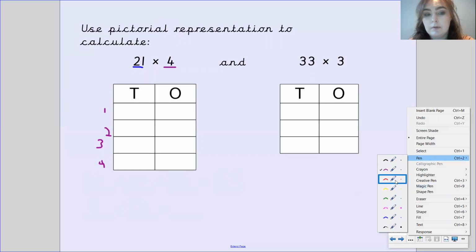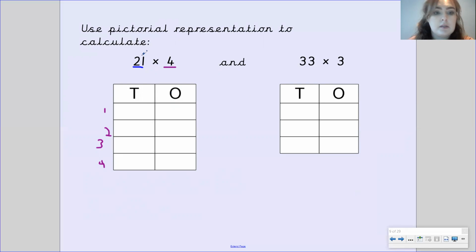And in each group, we have got 21. So we've got 1 one and 2 tens. So in our ones column, we will draw our 1, and in our tens column, we will draw our 20. And we need to do that for each of the groups. So it's 1 here and 20 here, 1 here and 20 here, 1 here and 20 here. And that is now 21 within each group.